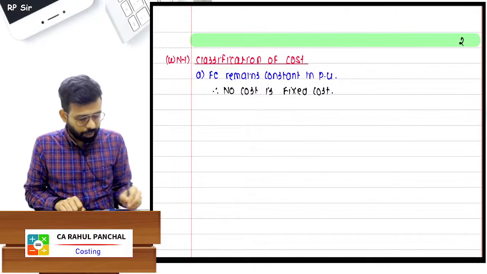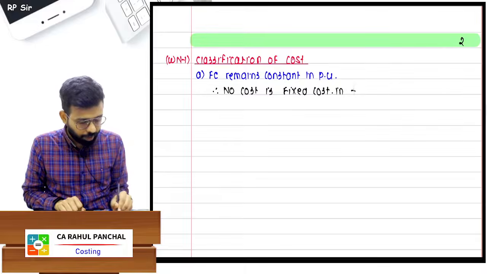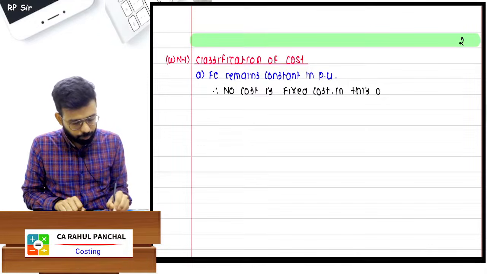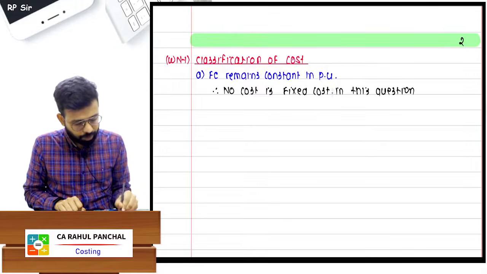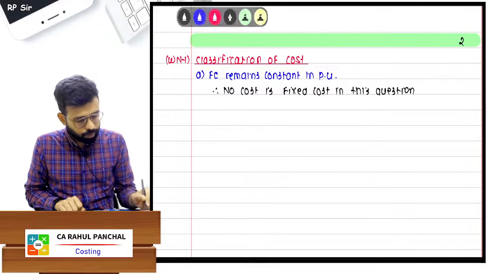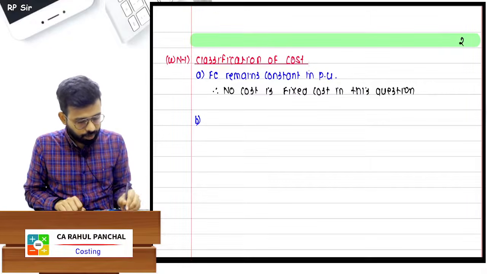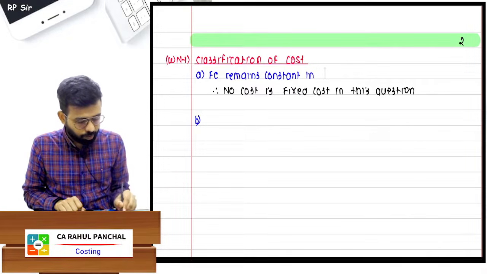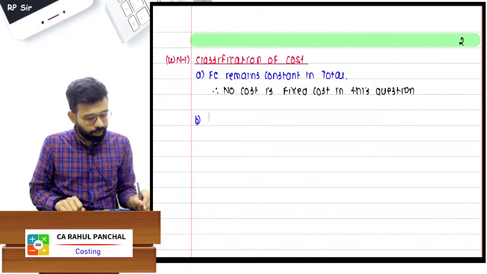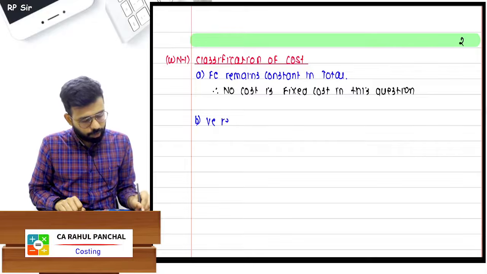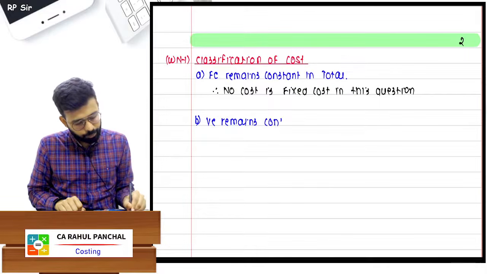In this question, no cost is fixed cost. Okay, sir, we have understood. Now, fixed cost remains constant in total. And in this question, no cost is fixed cost. Then variable cost remains constant per unit.